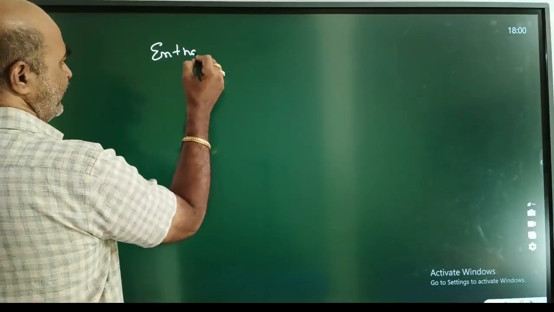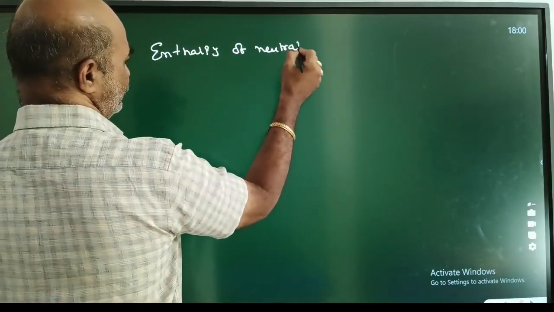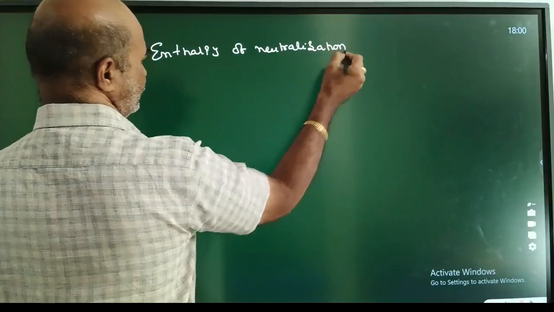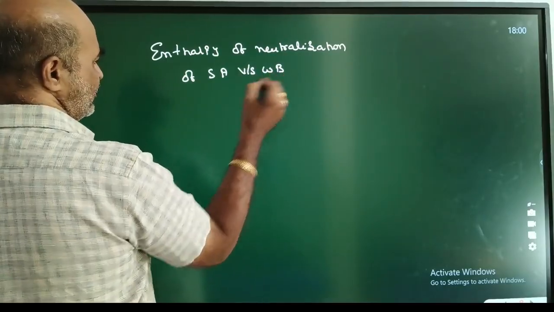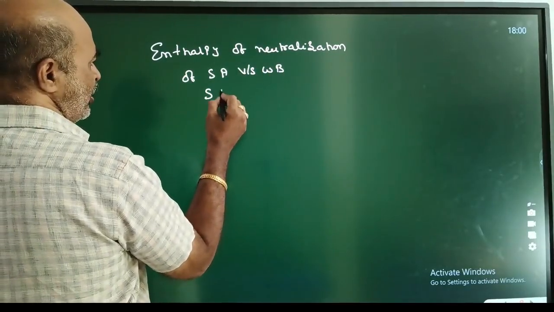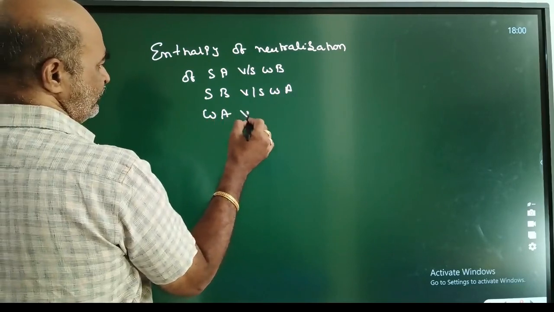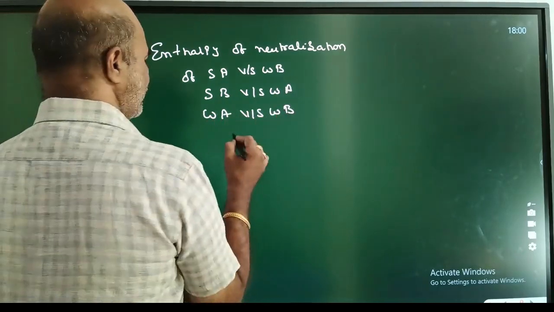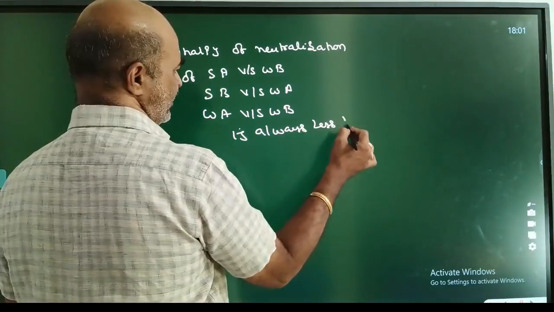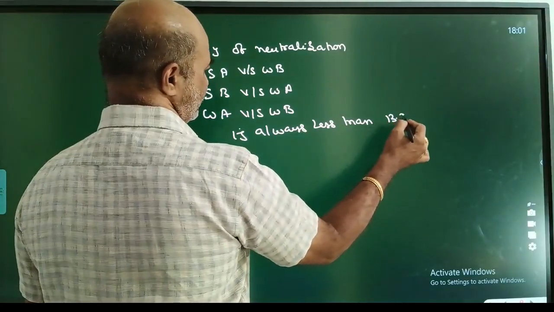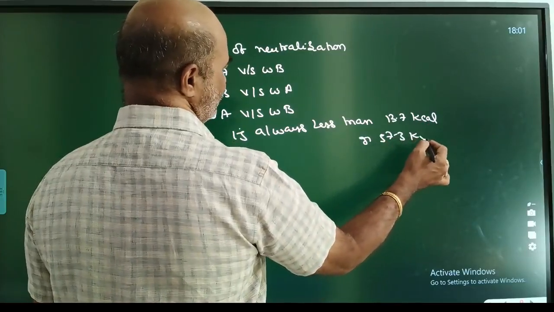Next, the enthalpy of neutralization of strong acid versus weak base, or strong base versus weak acid, or weak acid versus weak base, is always less than 13.7 kilocalories or 57.3 kilojoules.